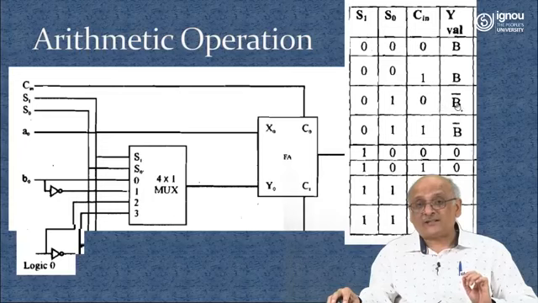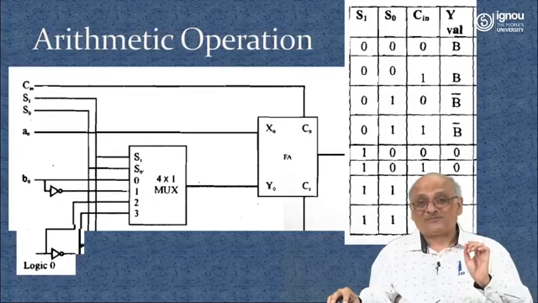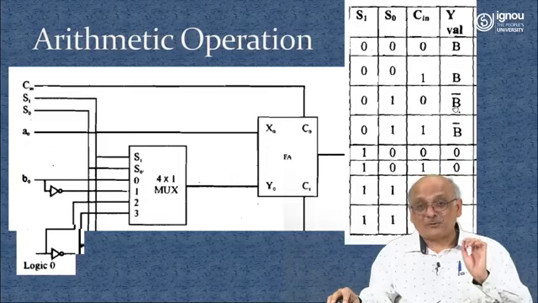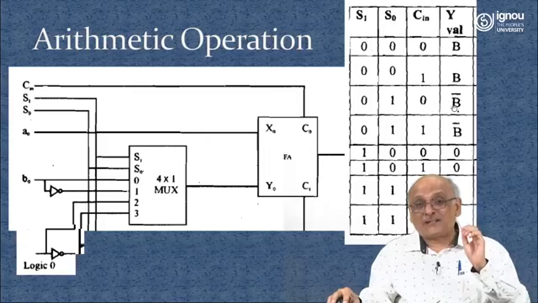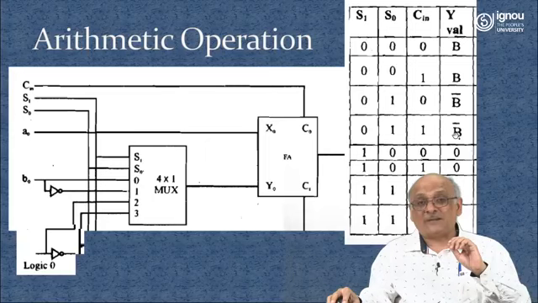This is called subtraction with borrow, because we do subtraction with 2's complement, so 1 is missing over there. What about this one? Over here the 1 bit is already there. So this is simply A minus B. This is the subtraction micro operation which is being done.